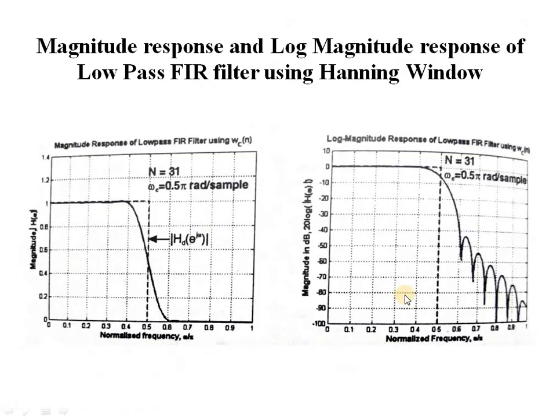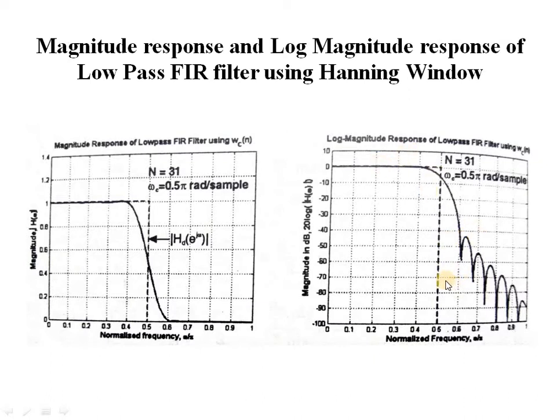And coming to the magnitude response and the log magnitude response of the low pass FIR filter, when we design using the Hanning window, these are the corresponding responses. Based upon these responses, once again we can comment that the most notable point is the improved stop band attenuation characteristics, and the largest peak is approximately at minus 44 dB relative to the pass band level.